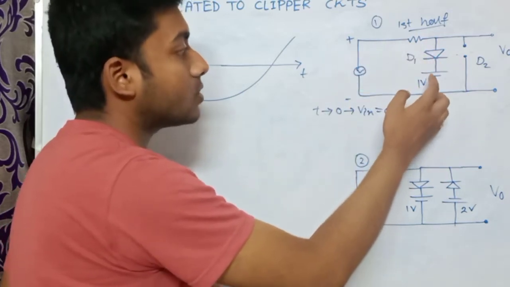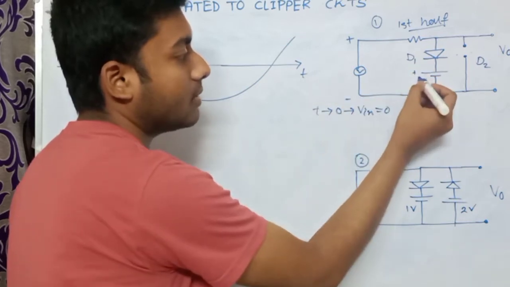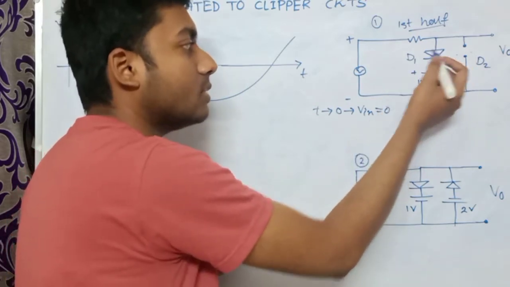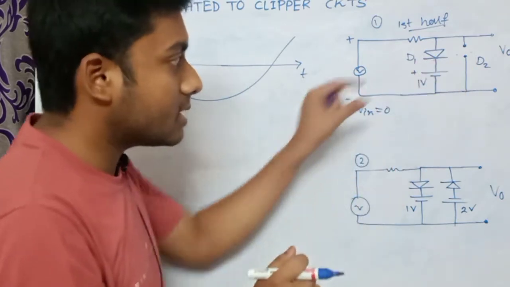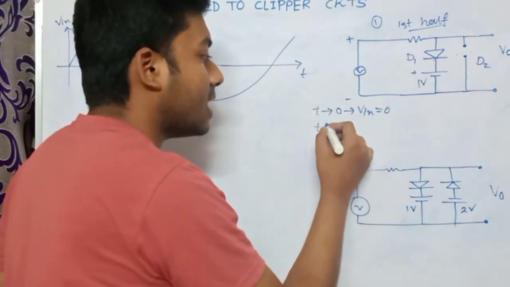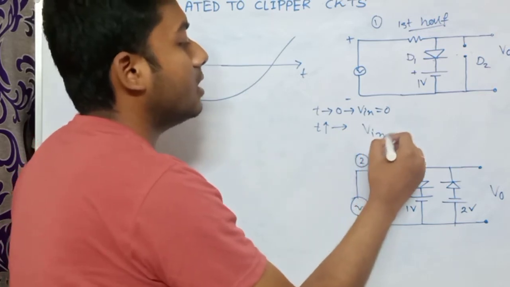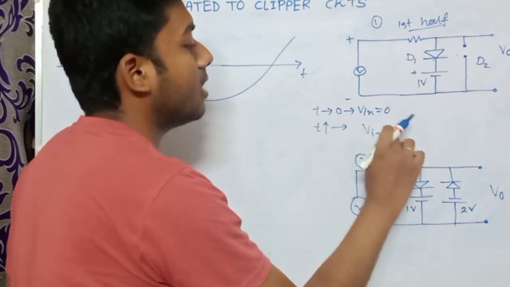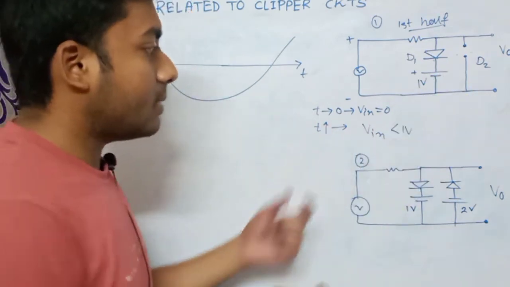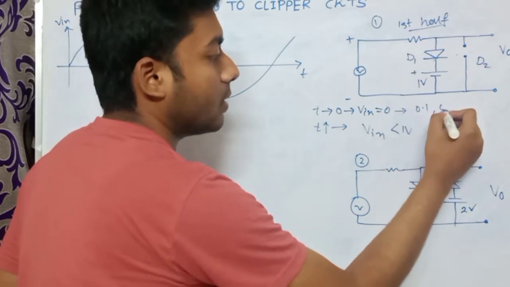So this is the plus terminal of this battery, and this is N. That means it will be in reverse bias condition, so this will be just open like this. Now as time increases, what happens? Till Vin is less than 1 volt, that is the voltage of this battery, say Vin goes from 0 to 0.1, 0.2, increasing like this.